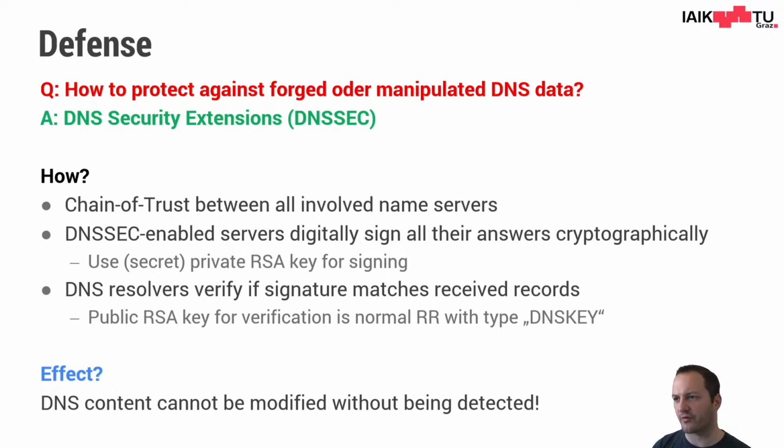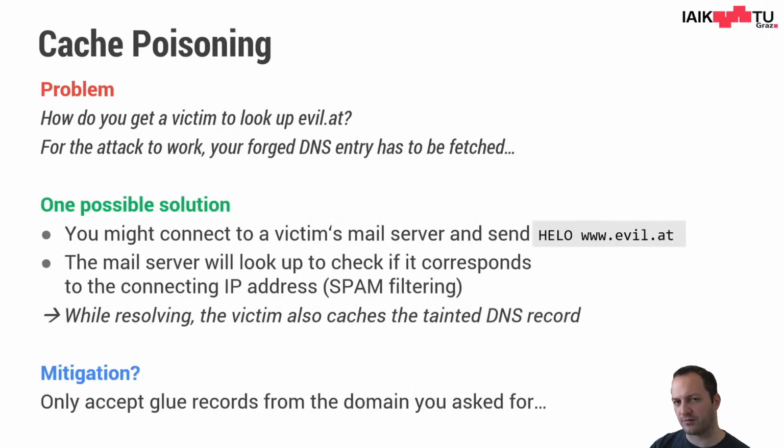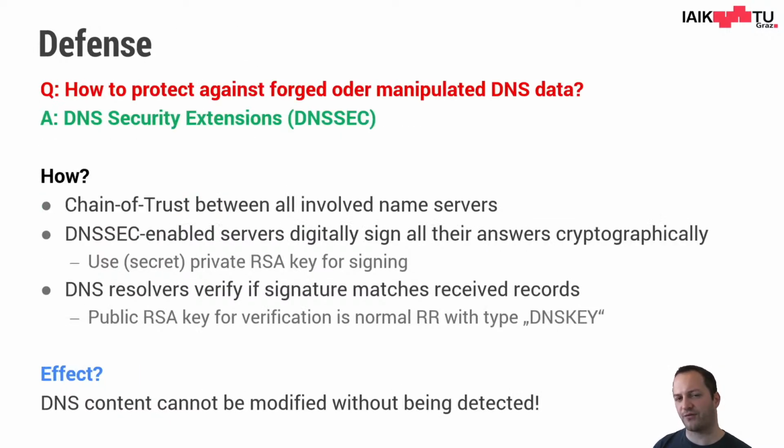So in other words, similar to the certificate chains which we have with TLS, DNSSEC builds such chains between DNS servers. And the idea is that if a domain name server managing a zone, managing such a mapping, like in this case here for evil.at, has DNSSEC enabled, then it will sign its answers cryptographically.